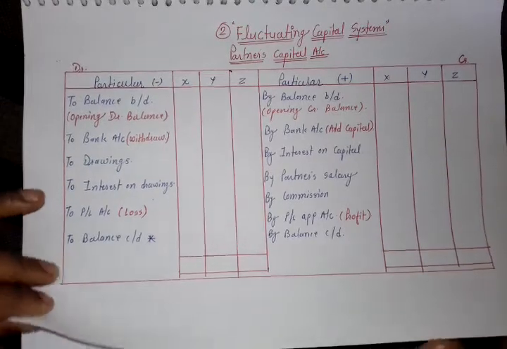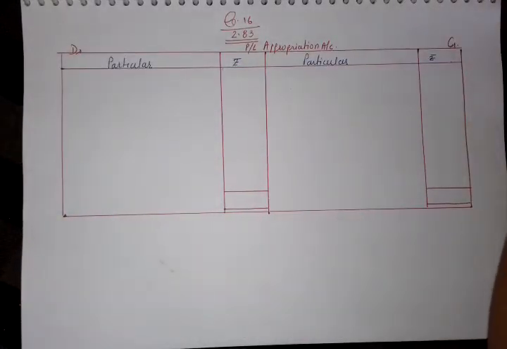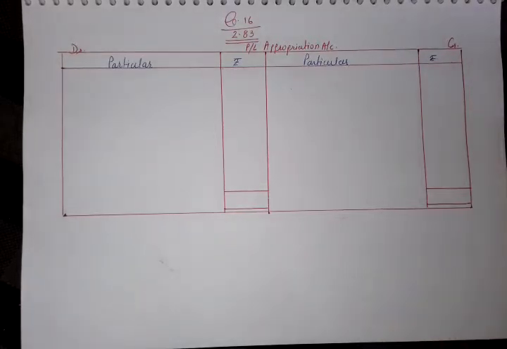Okay, clear? So we will solve question number 16, page number 2.83. First we have to read the question. The question says: Amar and Bimal entered into partnership on 1st April 2018, contributing 1,50,000 and 2,50,000 respectively towards capital.